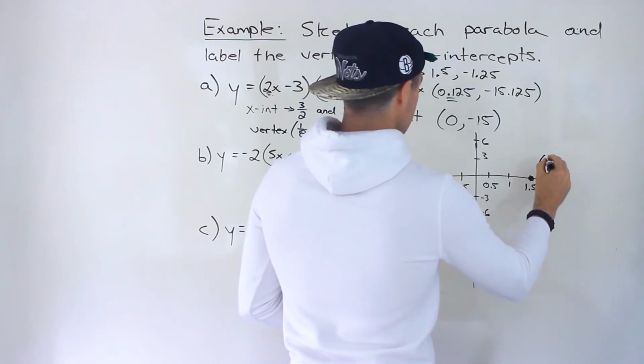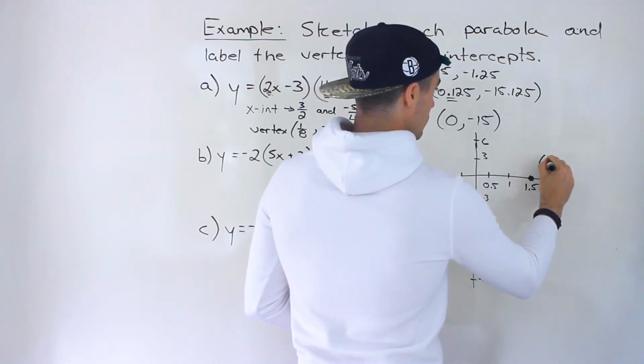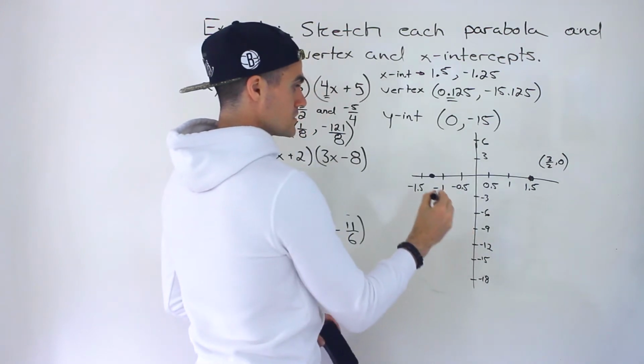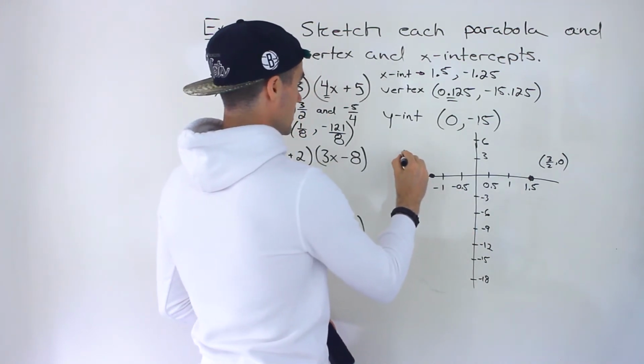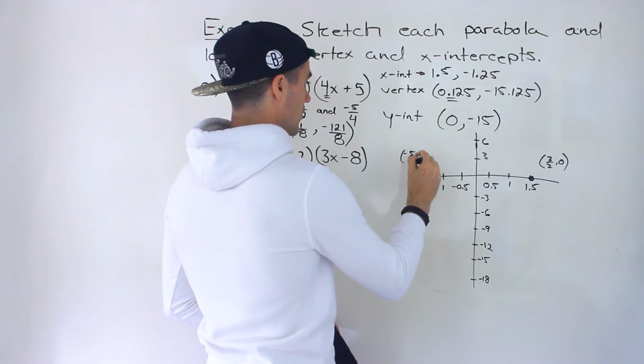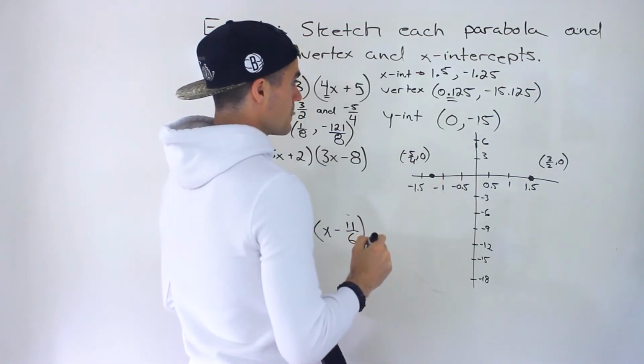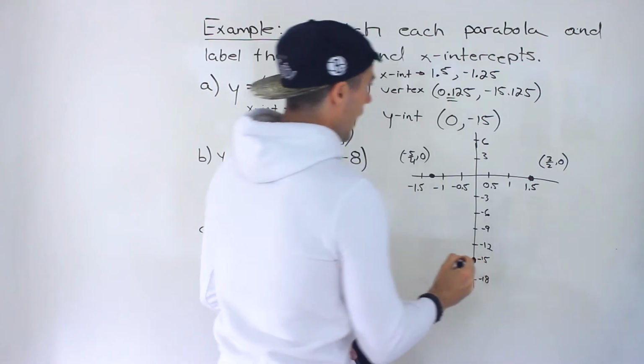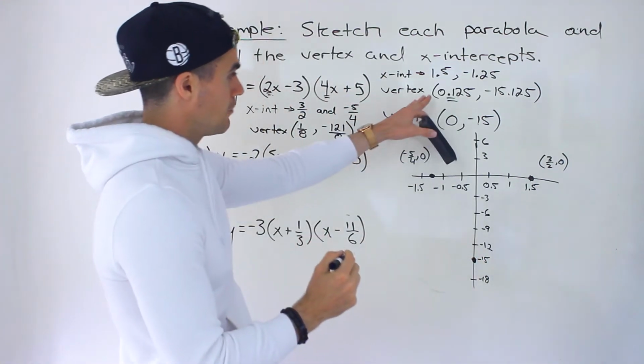So this is going to be 3 over 2 and 0. That's where the point's going to be, and then over here this is going to be negative 5 over 4 and 0, like that.